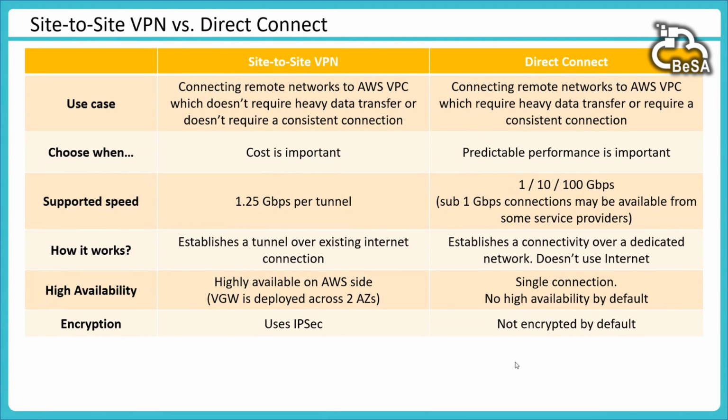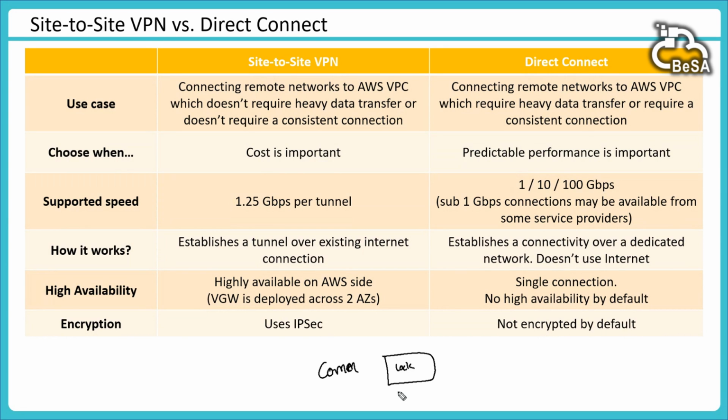Direct Connect is not encrypted. Direct Connect is a direct connection. Let me give an example, a very funny example. When you are traveling on a commercial flight, maybe I would keep my bag with a lock on it because it would go through a public network.